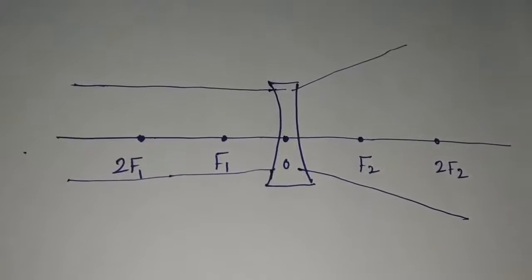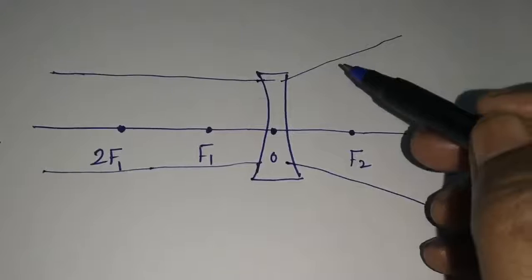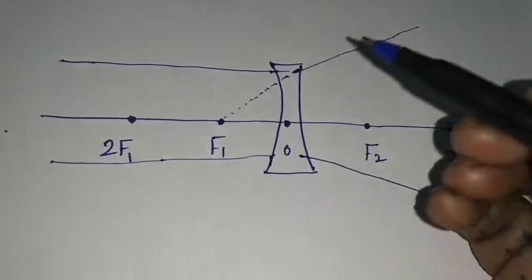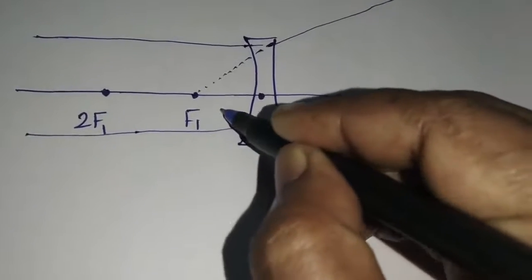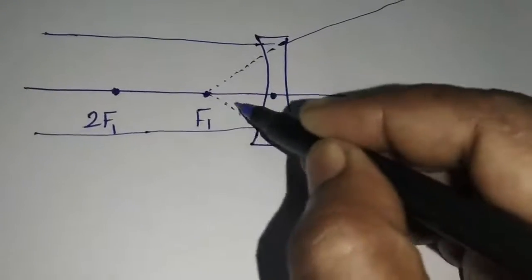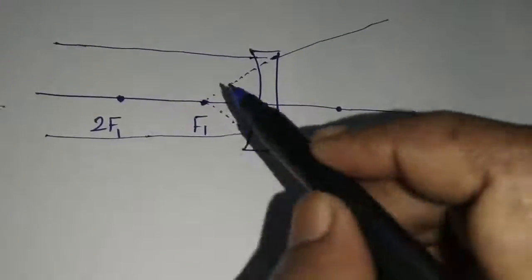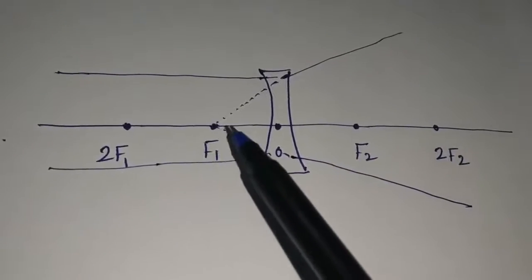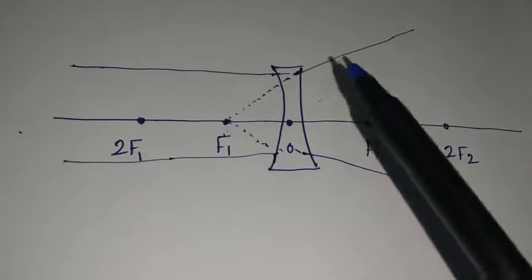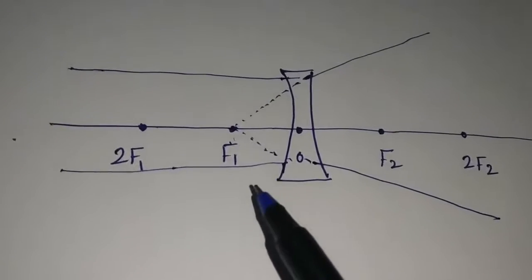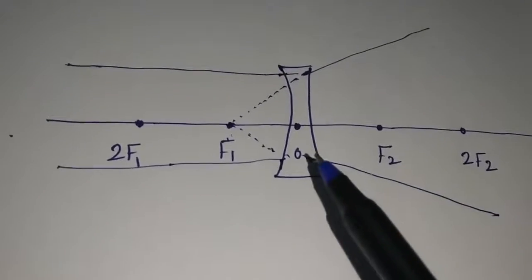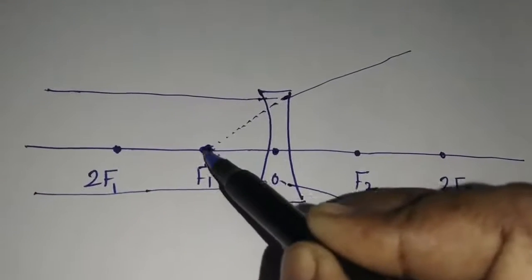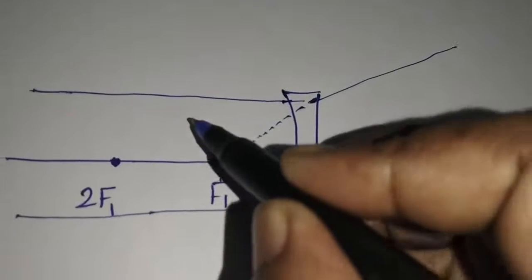If you extend the refracted rays backward by dotted lines, they will meet at the principal focus. So when an object is placed at infinity, a virtual image is formed at the focus, and the size of the image is much smaller than that of the object. So we will get the image in this position.